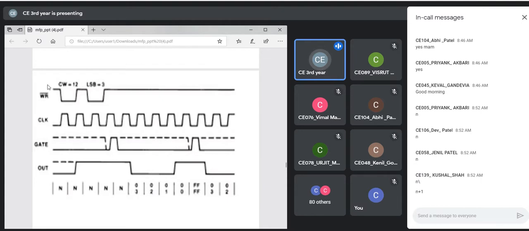According to that, your control word will be ready. As soon as you write your control word, your out becomes high. Whatever it was earlier, we are not sure about, but as soon as you write the control word, out goes high. This is different from the previous one.